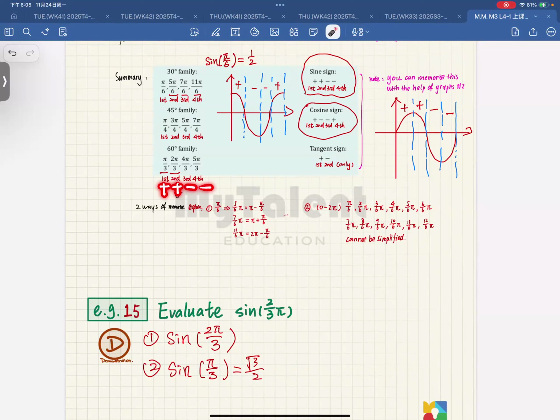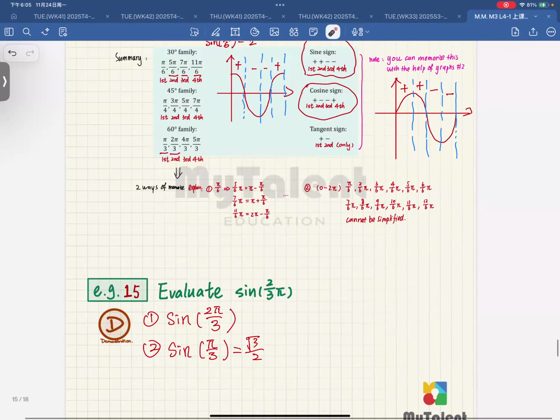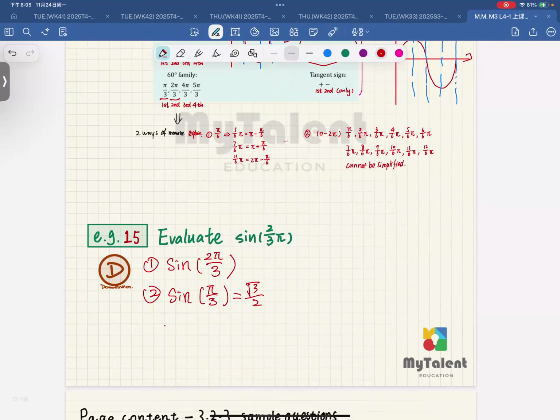Good. So that's pi on 3, that's 2 pi on 3, 3 pi on 3, 4 pi on 3, and 5 pi on 3. So we pick this one, positive.